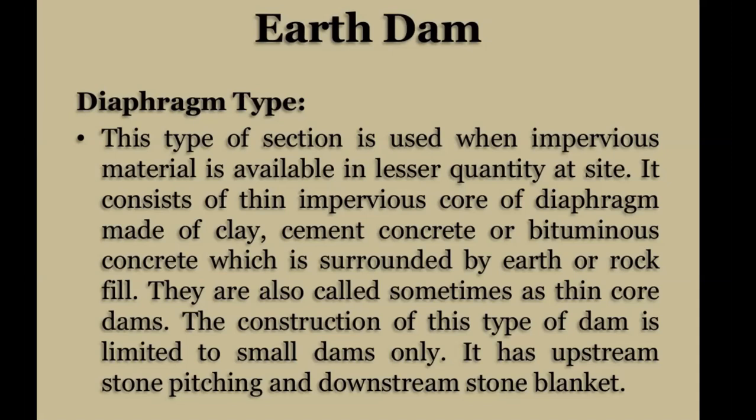If there is no impervious core earth available, then what will happen? We need to use the diaphragm type. And what is that? Let's see. It consists of a thin impervious core, or diaphragm, made up of clay and cement concrete or bituminous concrete, which is surrounded by earth or rock fill.